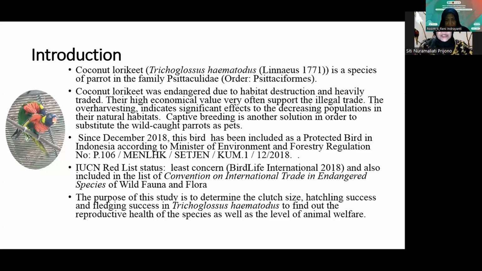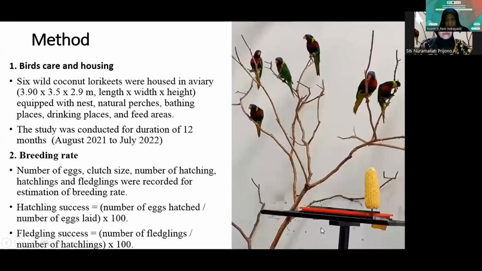The purpose of this study is to determine the clutch size, hatchling success, and fledgling success in Trichoglossus haematodus, to find out the reproductive health of the species as well as the level of animal welfare. The method, bird care and housing.